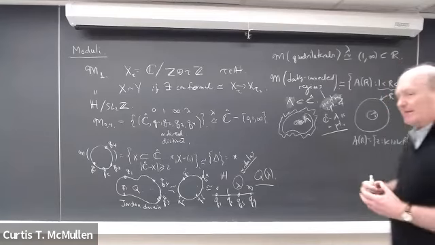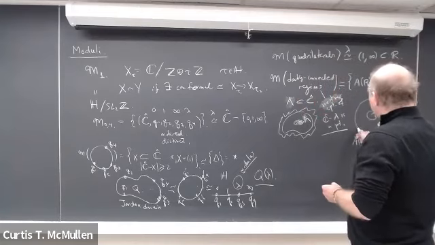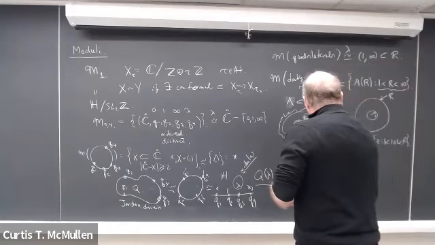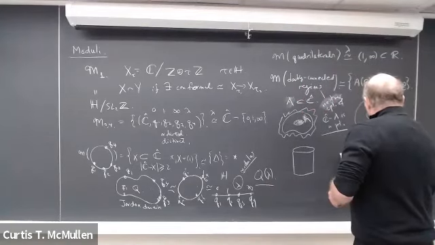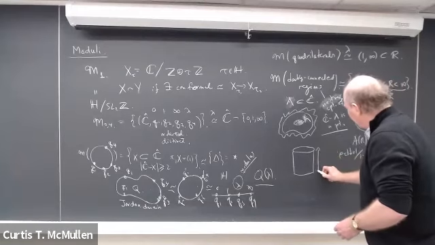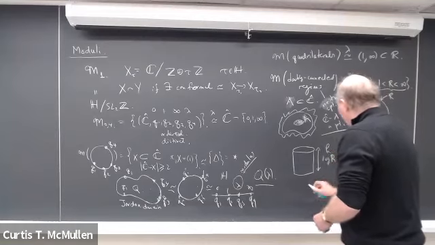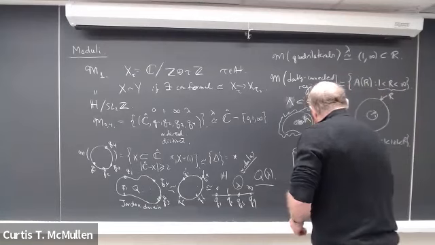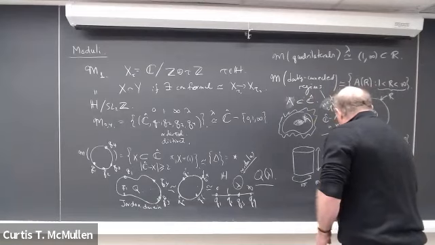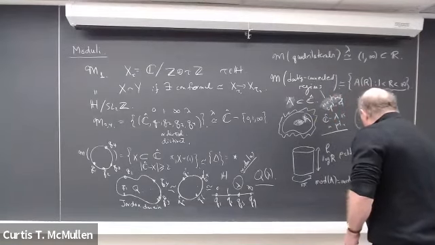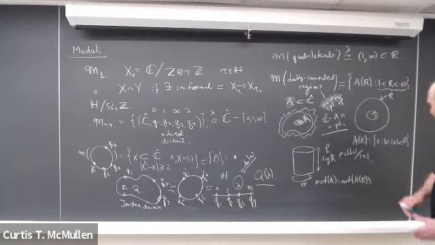Now, for reasons that will become clear when we talk about extremal length, it's a little more natural to think of this annulus in the metric dz over the absolute value of z. And in this metric, it becomes a Euclidean cylinder of height log R and of circumference 2 pi. And so we define the invariant of A, the modulus, in terms of this unique R such that A is isomorphic to A_R.